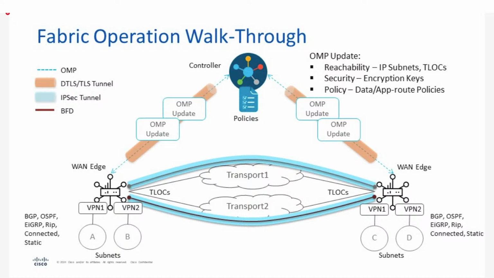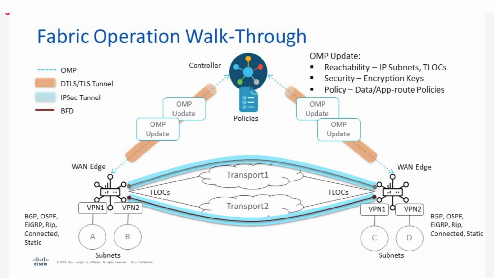So next, let's understand the fabric operation walkthrough here. The Cisco SD-WAN Manager and the controller initially contact and authenticate the validator, like we saw in the previous slide. Once the edge devices come into the fabric from the validator, they will form permanent DTLS tunnels to the vSmart, which is the controller.